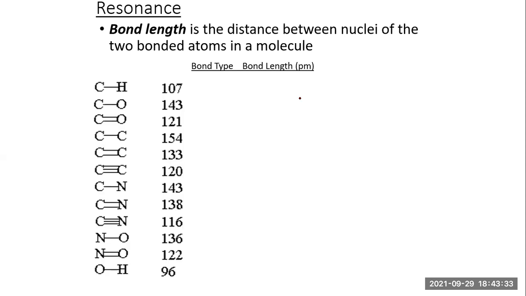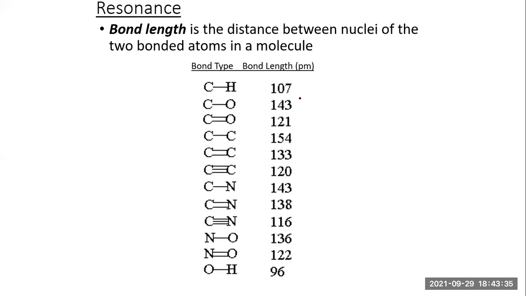So we talked a little bit about resonance structures earlier as we were drawing these Lewis structures, but there's also something to look at, which is bond length. And you by no means need to memorize any of these numbers. But what we do see when we compare a carbon-carbon single bond to a double bond to a triple bond is that the single bond is about 154 picometers in distance.